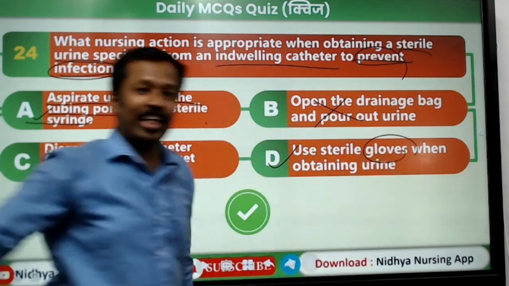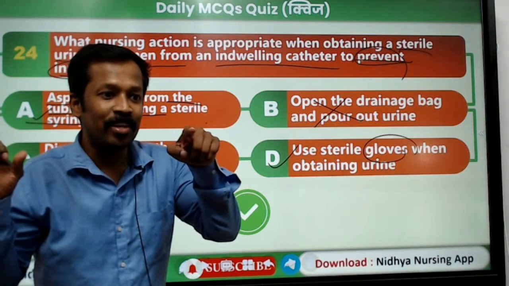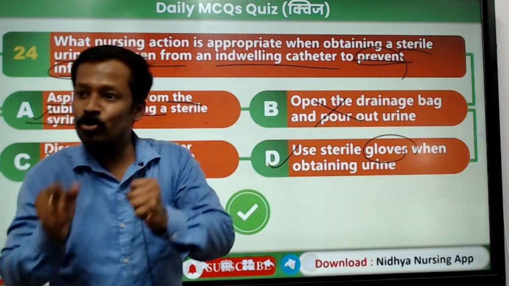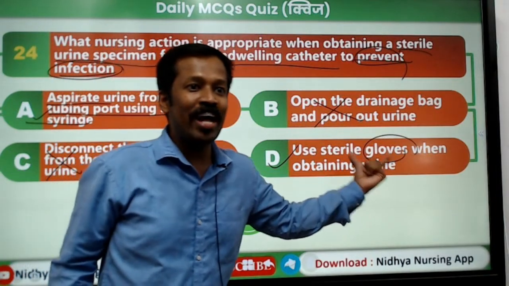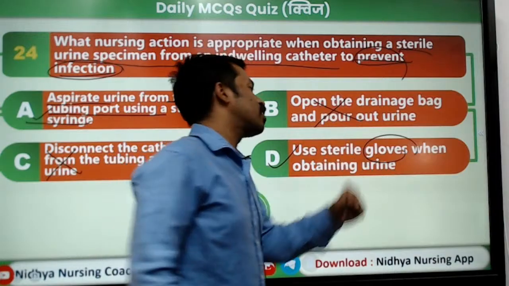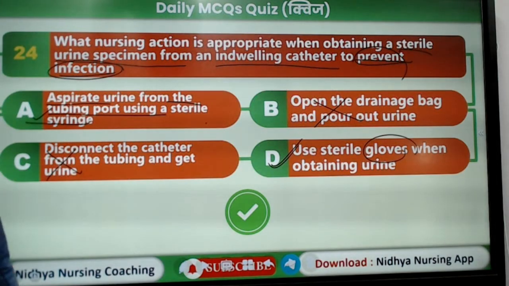Personal protective equipment. After hand wash and PPE, gloves, isn't it? So which option has more weightage? Yeah, option D. Got it?